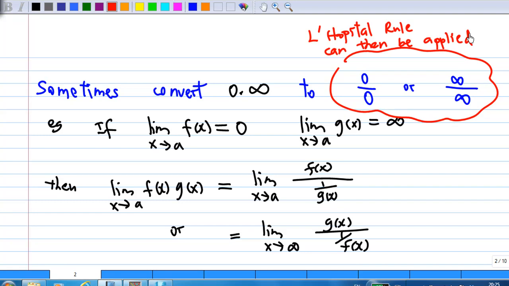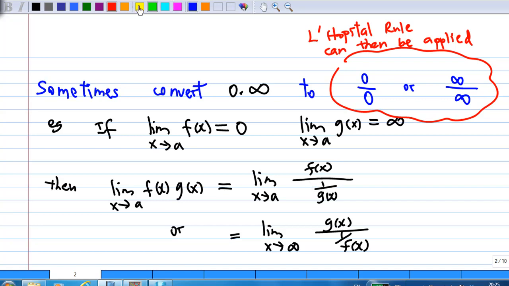For example, if the limit of f of x as x goes to a is equal to 0, and the limit of g of x as x goes to a is equal to infinity, and you want to find the limit of f x times g x as x approaches a, this can be written as the limit of f x over 1 over g x.